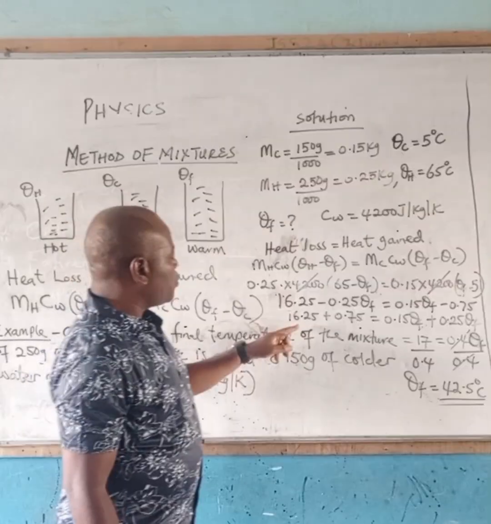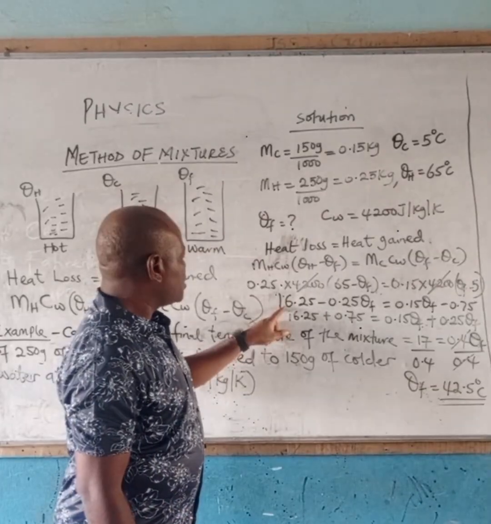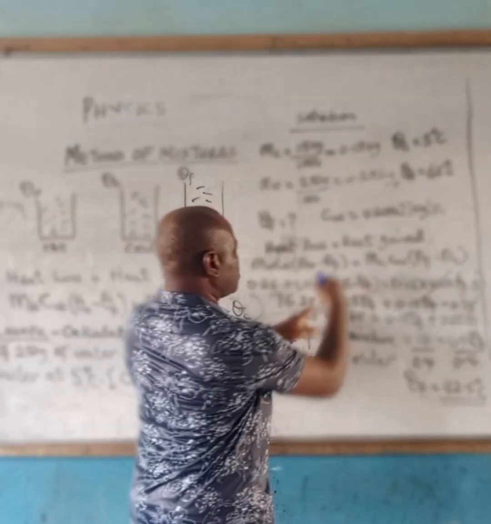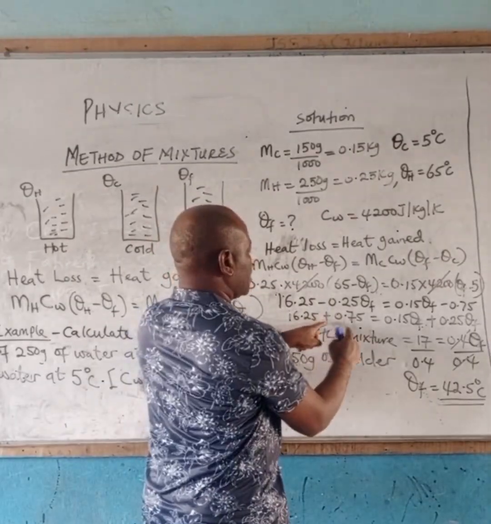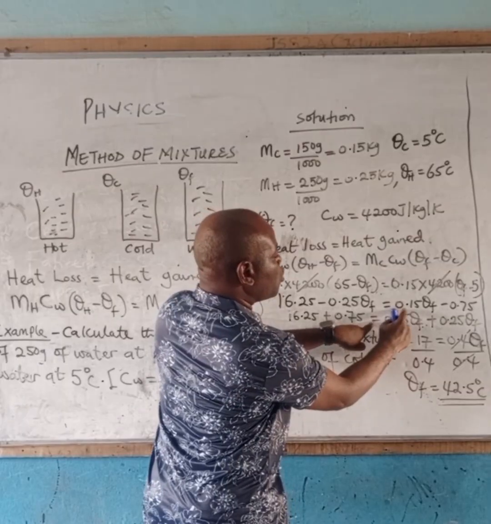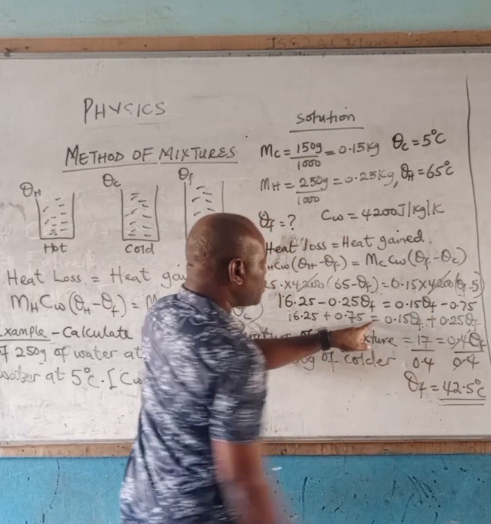The next line we are going to collect like terms. We have 16.25. By the time this moves to this place, it becomes plus 0.75 equal to 0.15 final temperature.